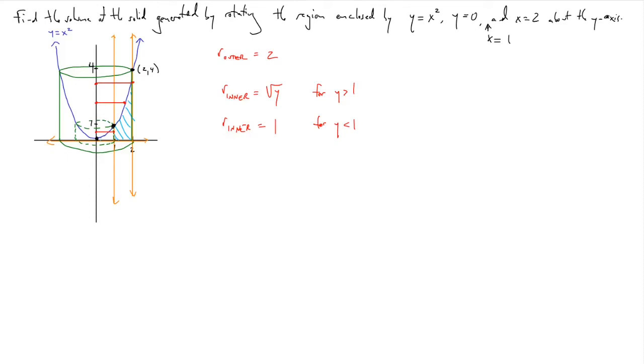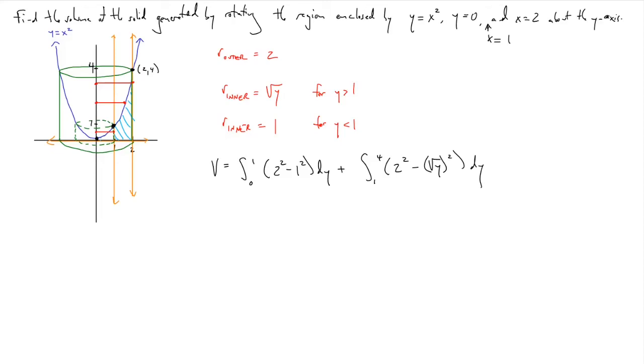And so in order to figure out the volume of this solid, we need to add the volume below 1 to the volume above 1, meaning we need to compute two integrals and add them together. And the two integrals are just these.